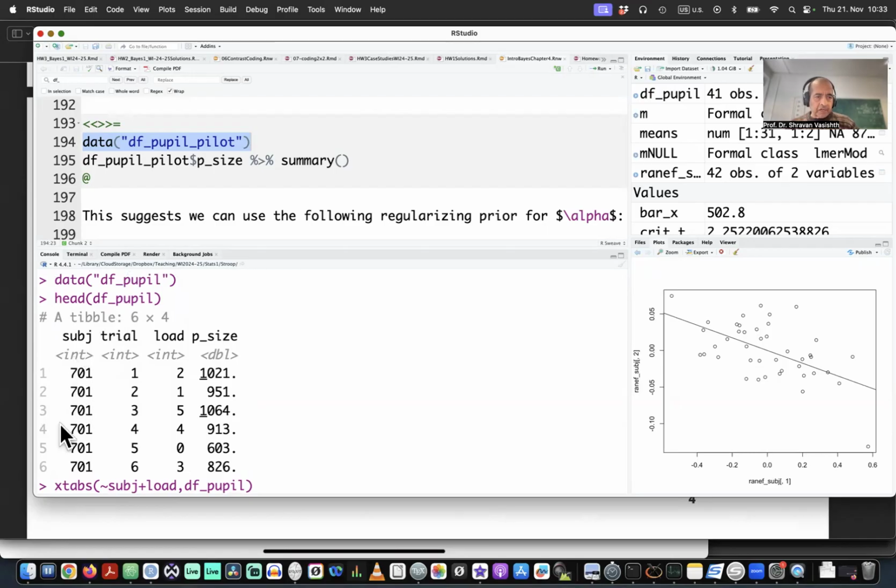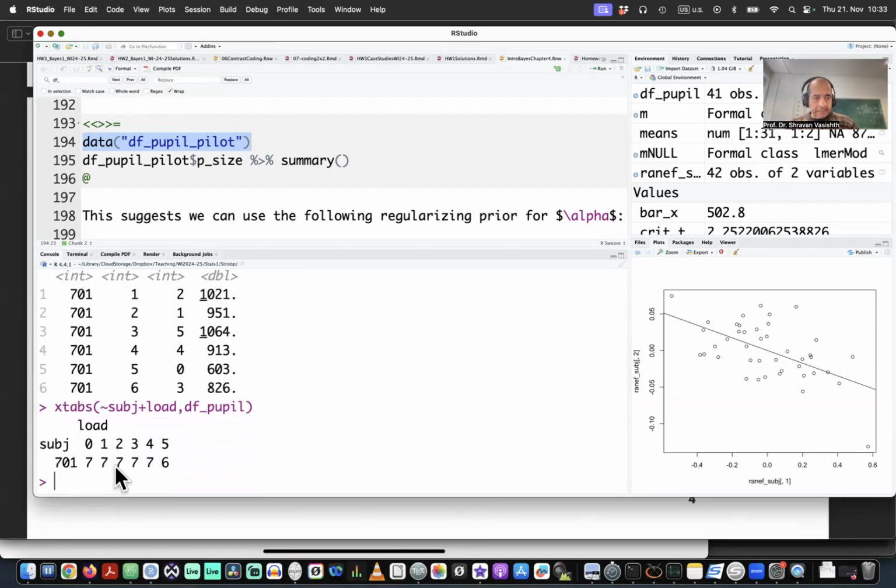I would have multiple subjects, and each subject is delivering multiple data points for each of the levels. The reason I have one less data point in the fifth condition is probably that some data were lost during data collection or deleted due to the data point being an influential value or something like that.